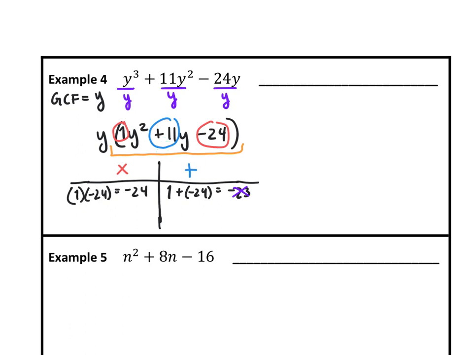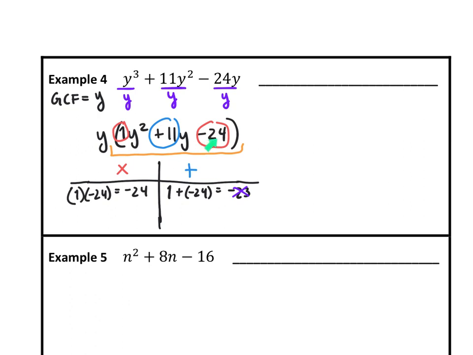So I don't want to get negative 23. I want to get positive 11. So think about numbers that multiply to give you 24. 2 times 12, but 2 minus 12 is 10. What other numbers? 3 times 8.